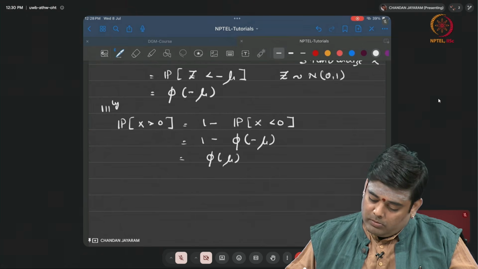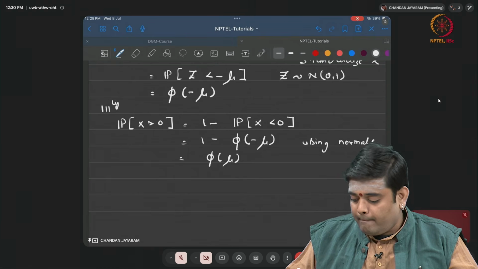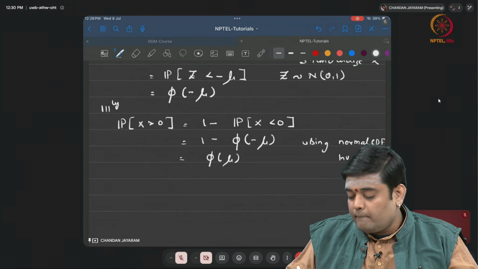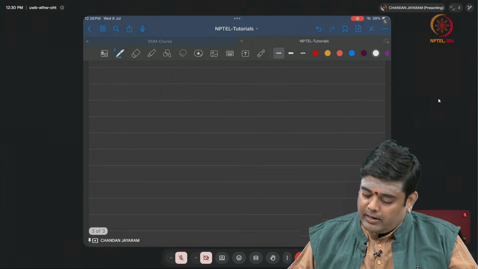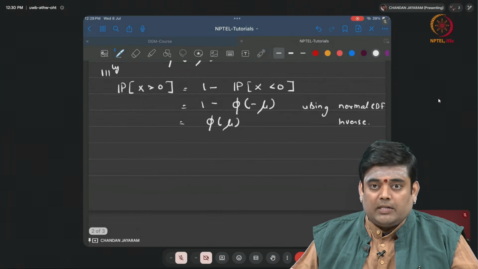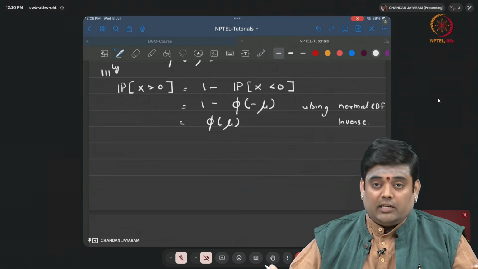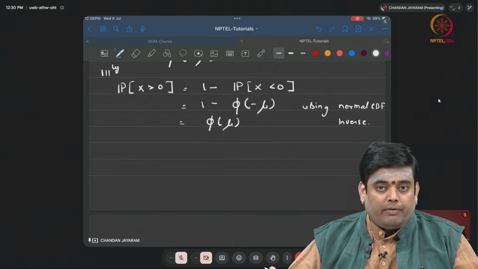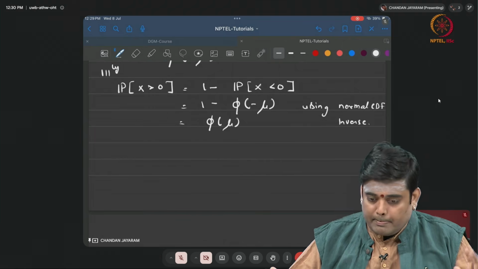Here we are using the normal CDF inverse. I am assuming that these ideas are clear and comfortable, which means you would have undergone a rigorous course in probability theory and a rigorous first level machine learning course.